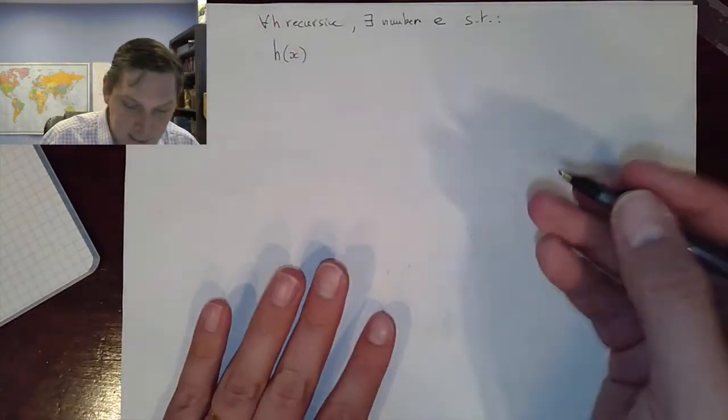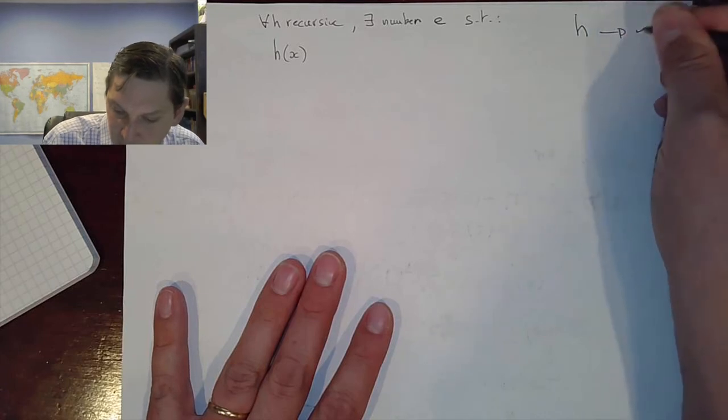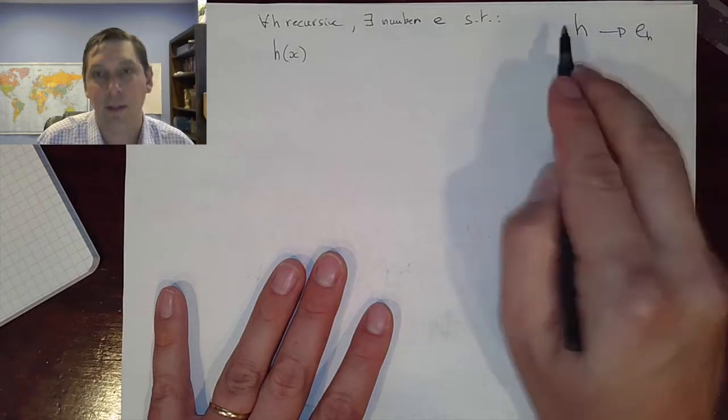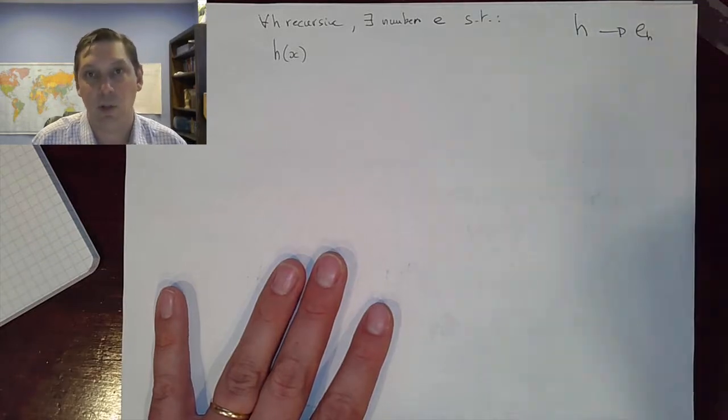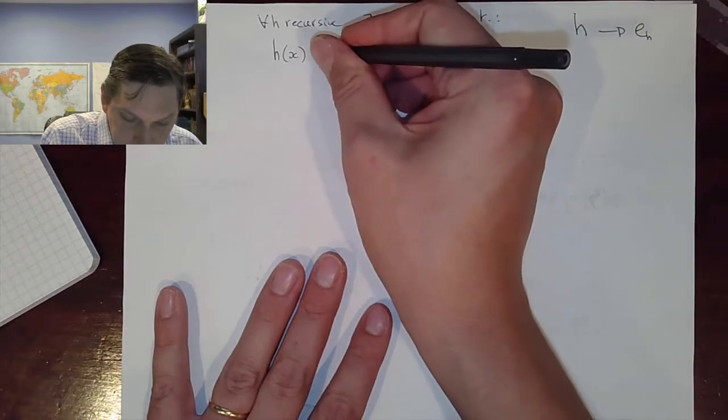So h is associated with a certain number e. I'm going to call it e of h just to see clearly that this number is a connection between h and e.